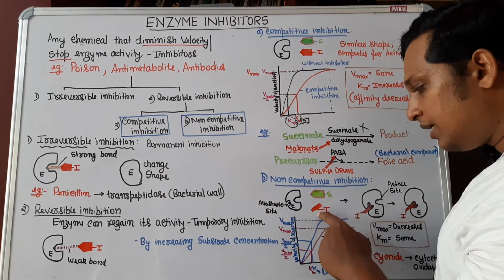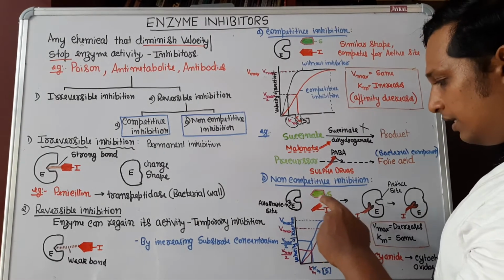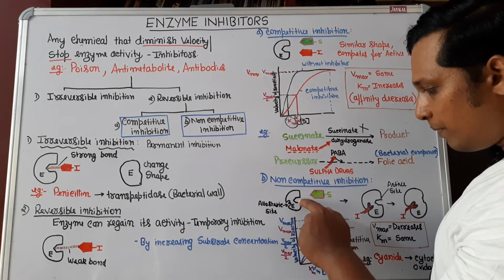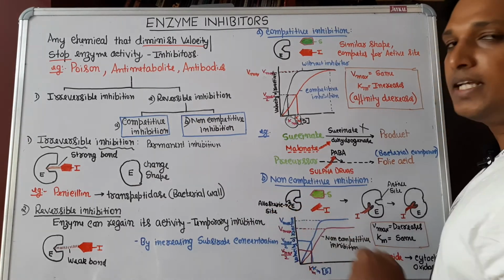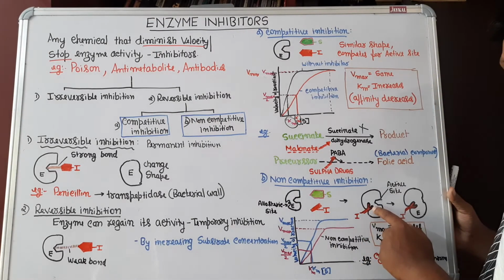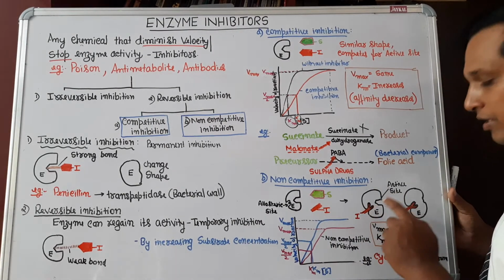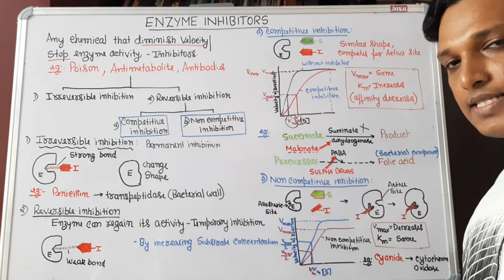Still the inhibitor chemical will inhibit the enzyme. How it inhibits the enzyme is, apart from the active site, the enzyme has one more pocket-like structure called the allosteric site. The inhibitor goes and binds to the allosteric site. When the inhibitor binds to the allosteric site, enzyme activity gets stopped. That is one way of stopping the enzyme activity.